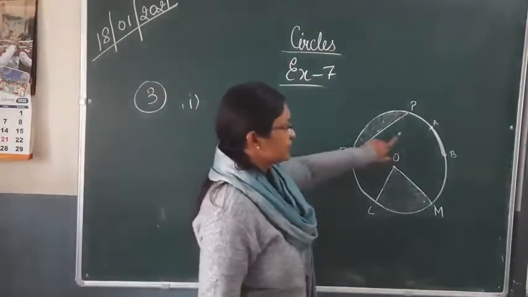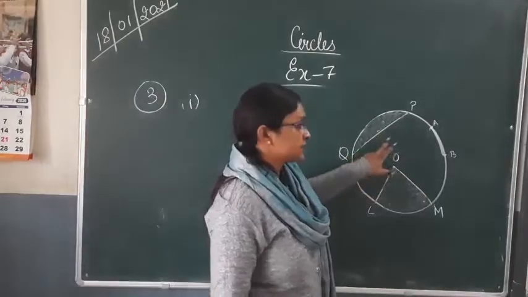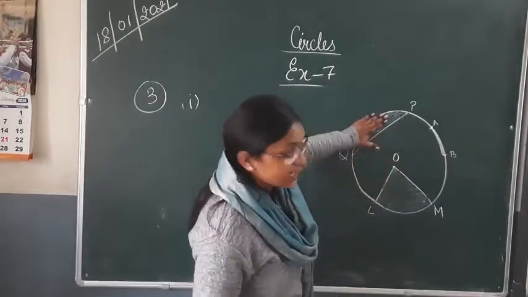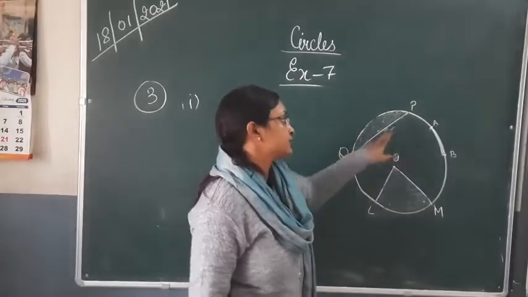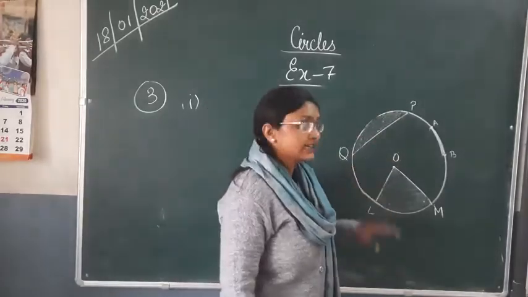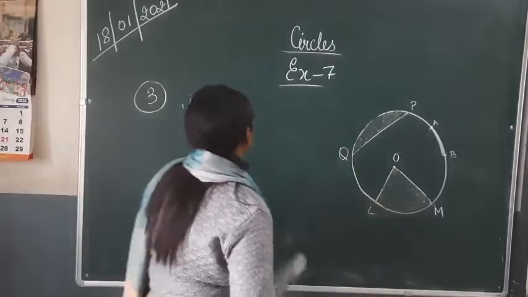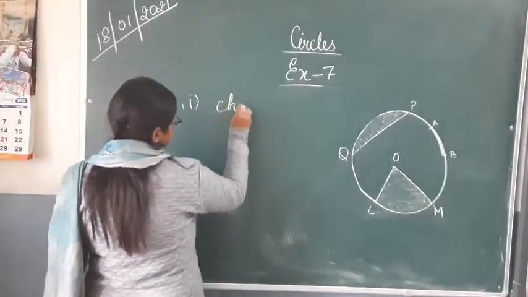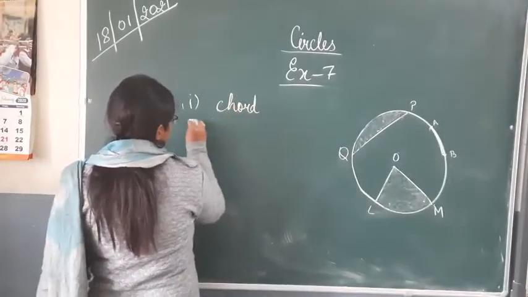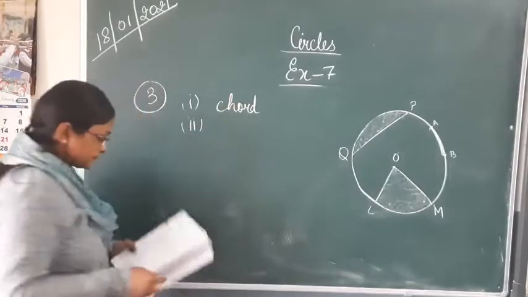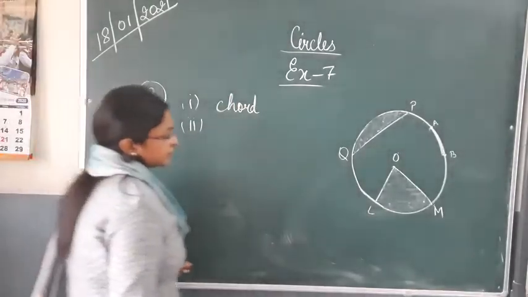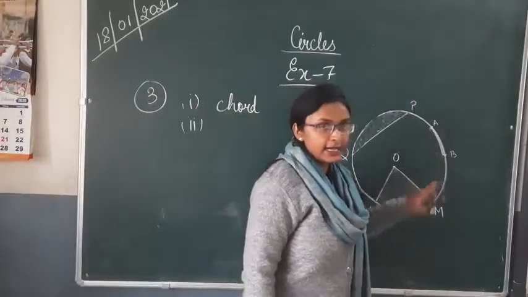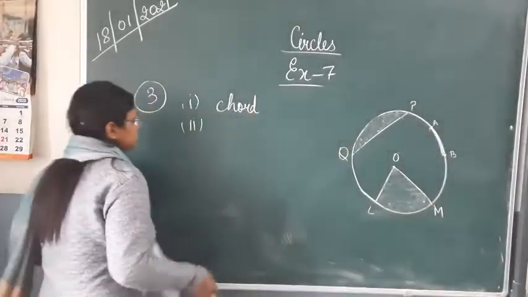This line segment PQ is a chord. It is only talking about the line segment, not this whole area, only the line segment PQ. That is a chord. Second part, the portion AB of the circle is an arc.